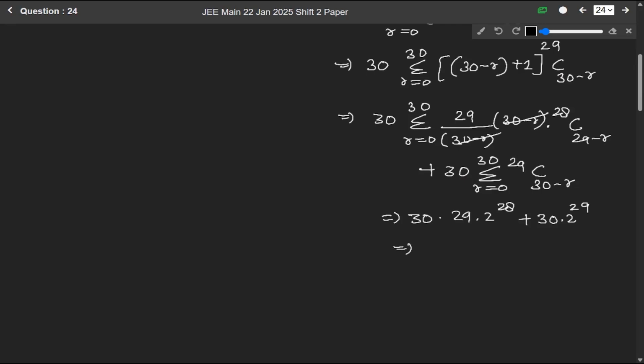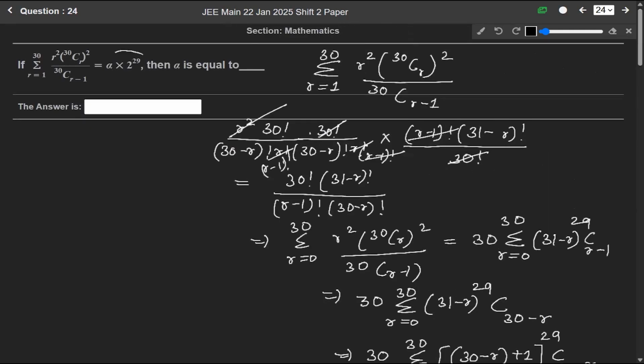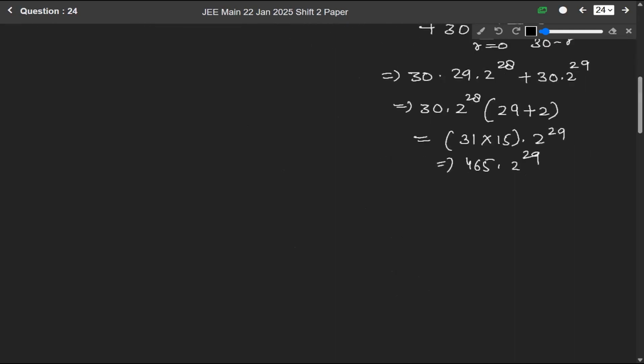When we solve it, we get 30 into 2^28 into (29 plus 2). So it will be equal to 31 into 15 into 2^29, which is 465 into 2^29. Comparing it with that given in the question, alpha into 2^29, the value of alpha here is 465. So our answer is 465.